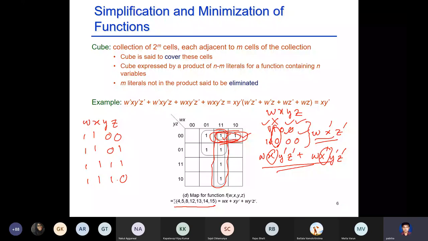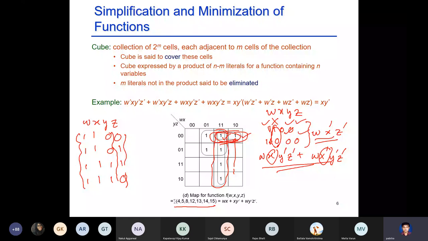So the rule is, you find a cube to cover, look at the minterms inside the cube, and see which variables appear in both uncomplemented as well as complemented form in the cube. Eliminate them.